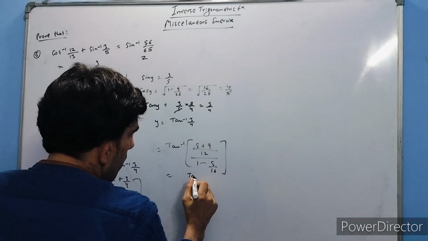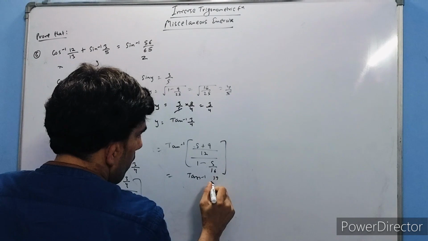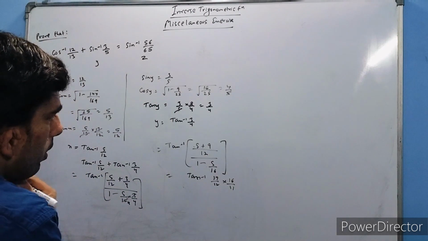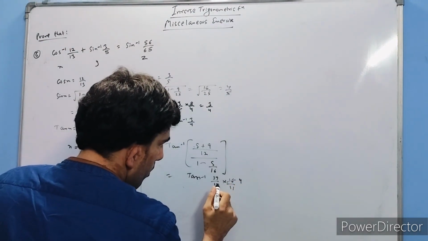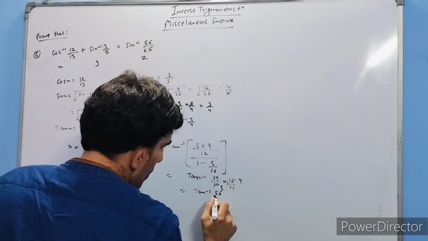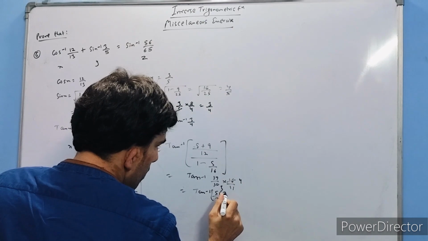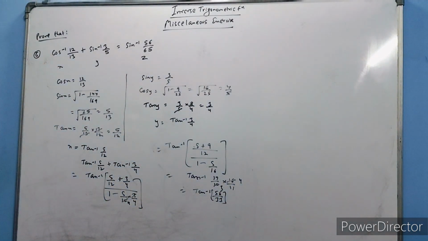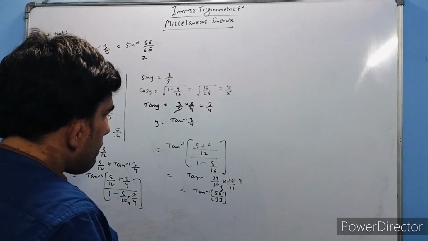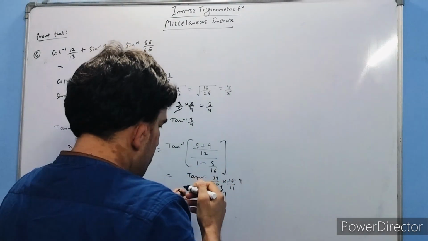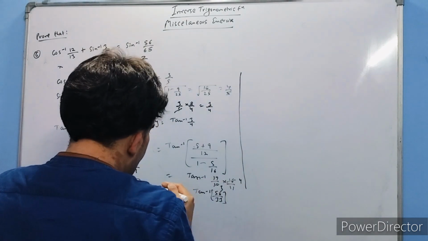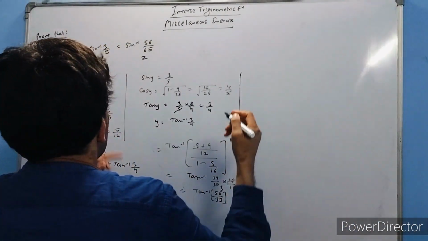So we'll have tan inverse 14 upon 12 into 16 upon 11. Similarly, it will be there. So we have tan inverse 56 upon 33. Now we'll try to solve this. So now we have to prove it here. Now take this z.